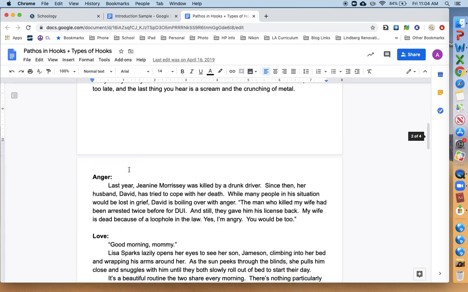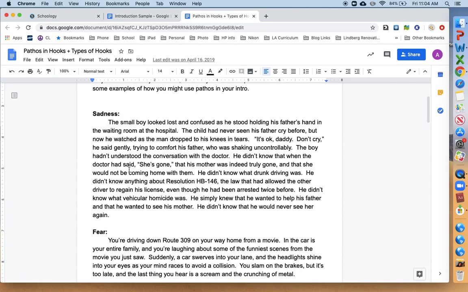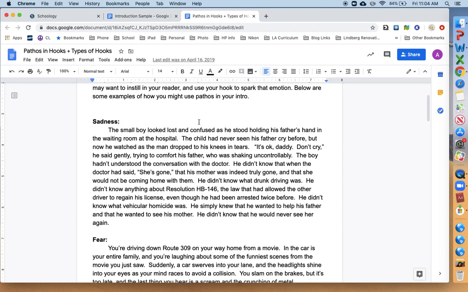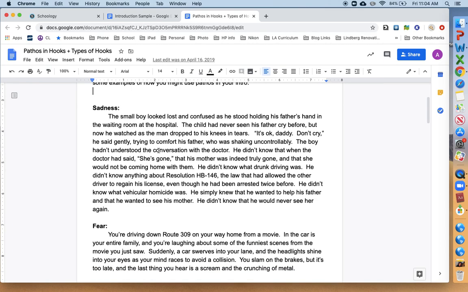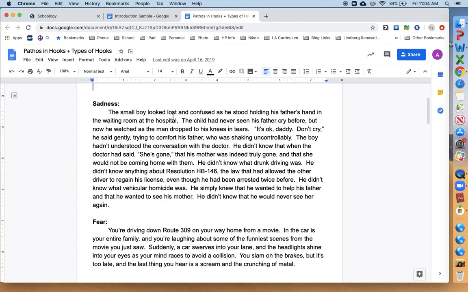The sadness, fear, and anger were all about the topic of drunk driving. I remember some kids in the past, one of the topics that they'd chosen was stricter drunk driving laws. So there's an example of sadness, which is about a boy who loses a parent in a drunk driving accident.